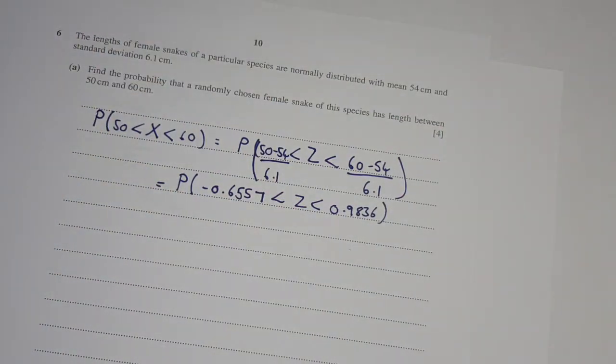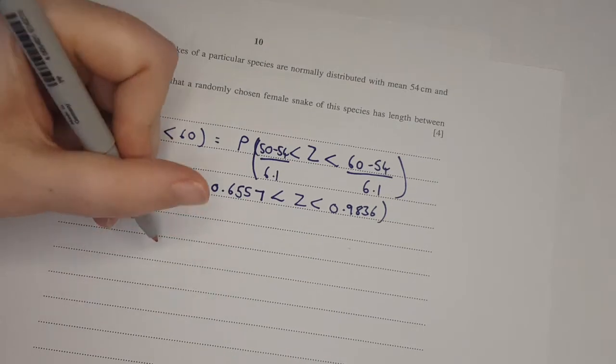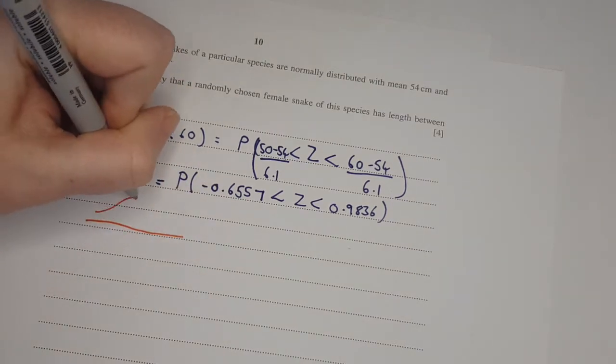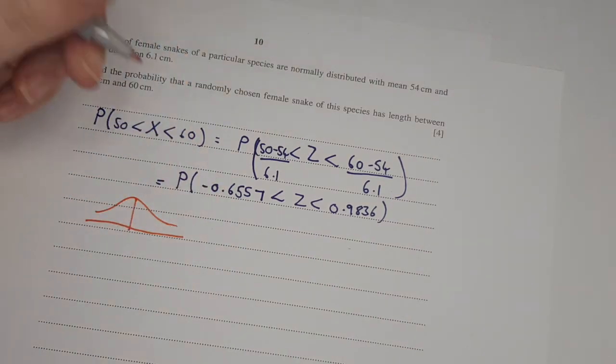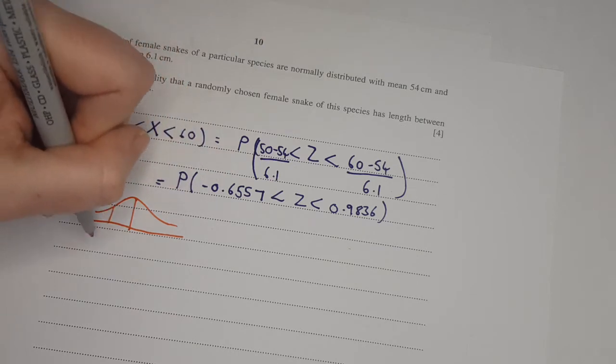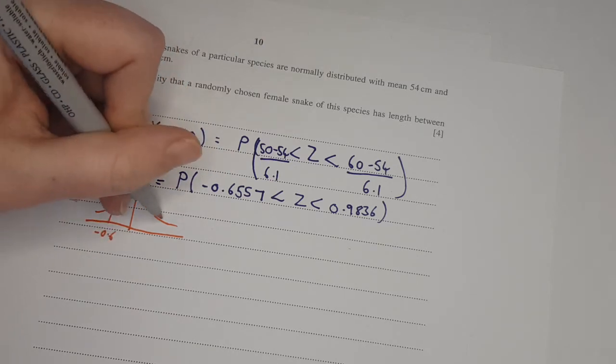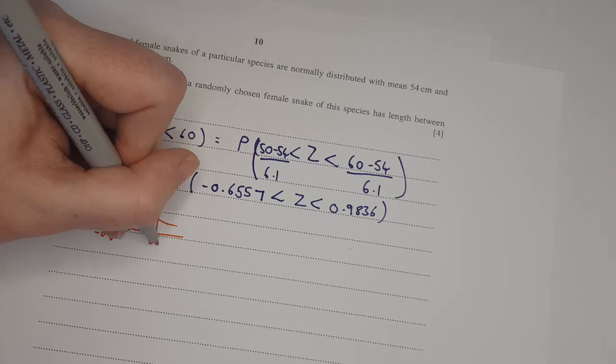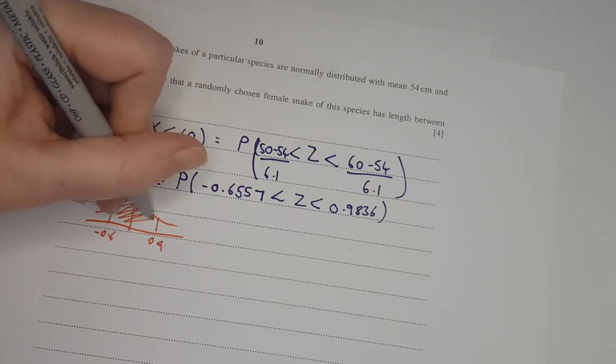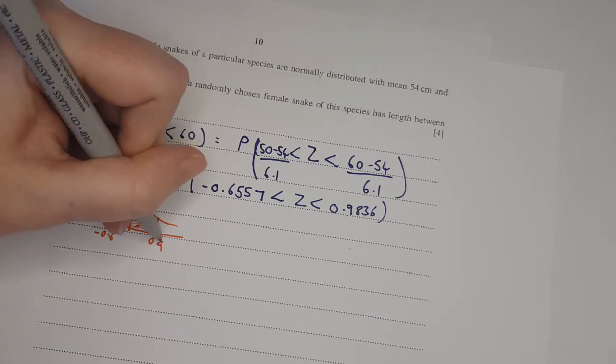So now that they're standardized, I've got to draw my curve because now I need to figure out what am I actually going to calculate. So I've got a negative 0.6 and I've got a positive 0.9, which means I want everything in between.